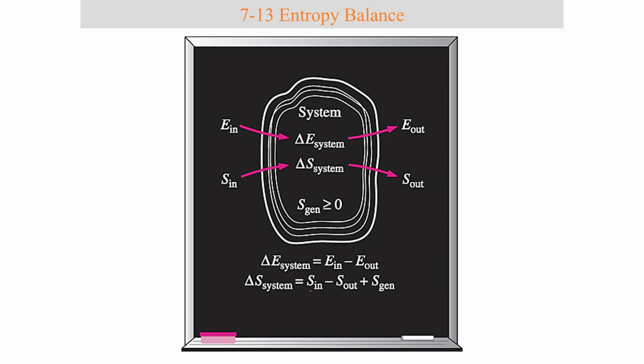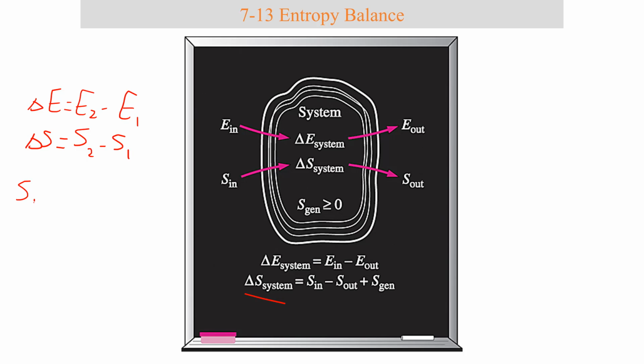You can actually, by this figure, it's interesting, look at the comparison between a first law and a second law analysis. In a first law analysis, we get the change in energy of a system equals the energy at the final state minus the energy at the initial state. Well, the change in entropy is the same basic principle. It's going to be the entropy at the final state minus the entropy at the initial state, and you can evaluate it as a property.